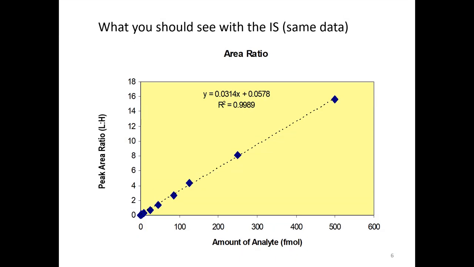They go right down to the line, and it helps minimize the variability. In the plot here, we can't get a whole ton of information because we've got peak area ratio versus amount of analyte. If we were to plot ratio of analyte, this is where we would hope to see a y equals x relationship, where the change in the concentration of the analyte is proportional to the change in the intensity of the analyte.